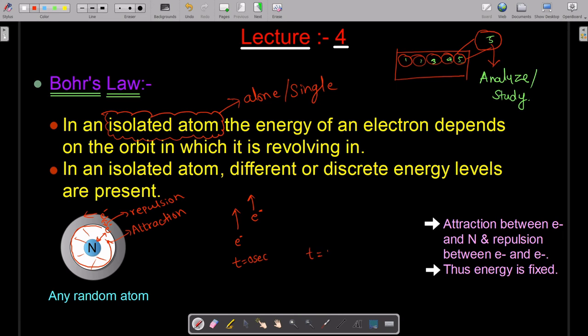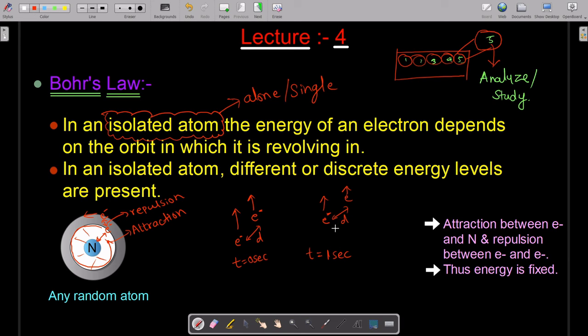When I saw them at time t equals t1 seconds, let's suppose the distance between both of these electrons is d. What I saw at time t1 is that this electron progressed further, and this electron moved further, and again their distance d was the same.